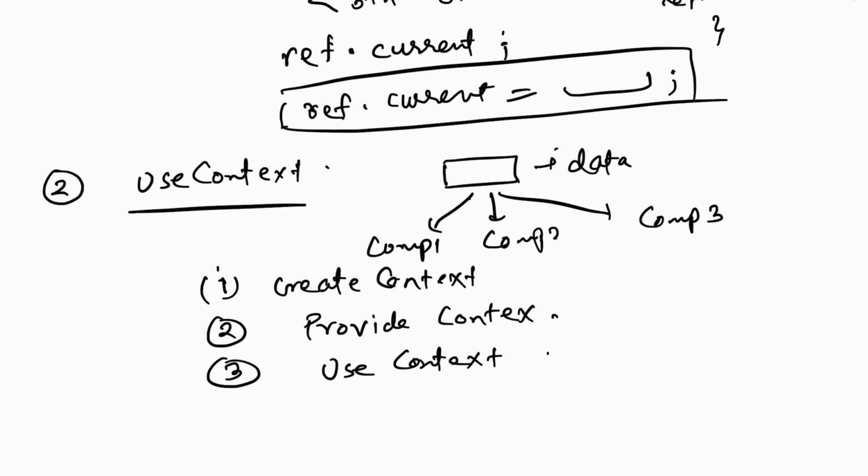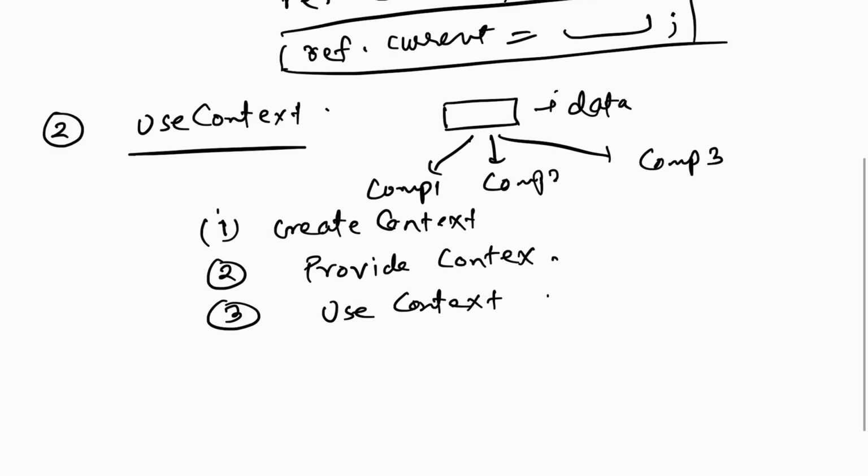Let's see an example. Suppose we want to create a theme component, and this theme context will be shared among different components, and they can make the theme using this theme context only.